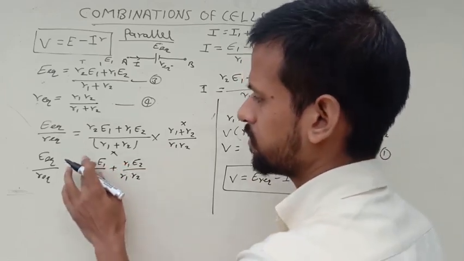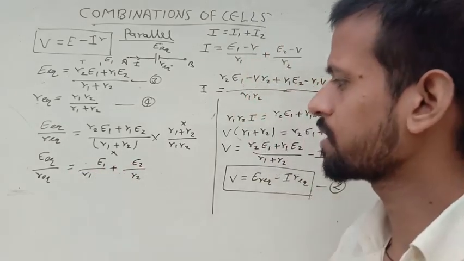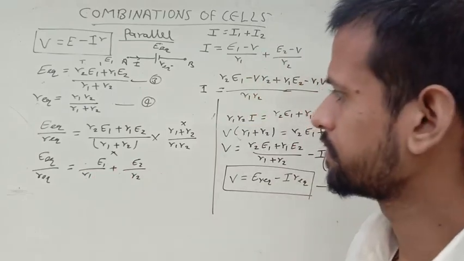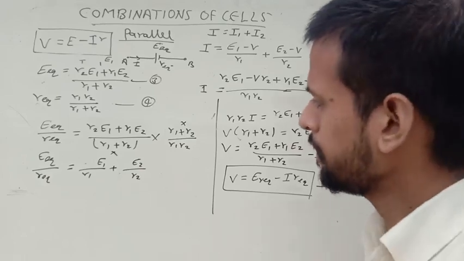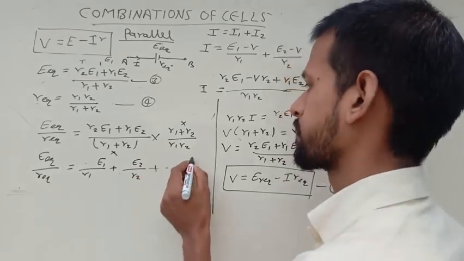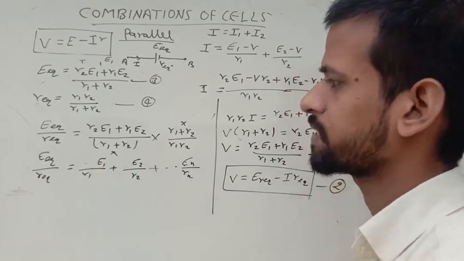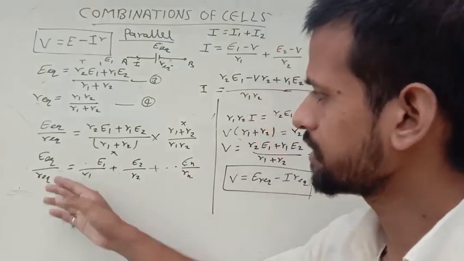R2 cancels and R1 cancels, giving E1 upon R1 plus E2 upon R2. And if n cells are connected in parallel, this continues up to En upon Rn. This is the expression for the ratio of equivalent EMF to equivalent resistance.